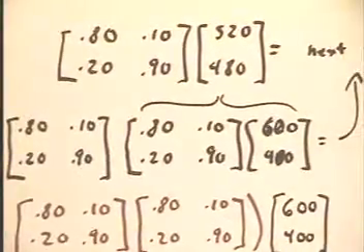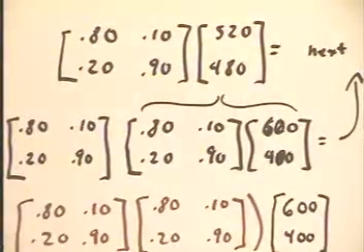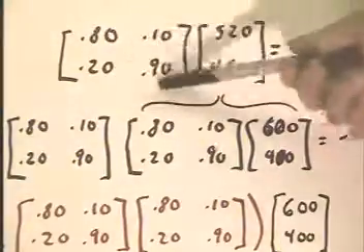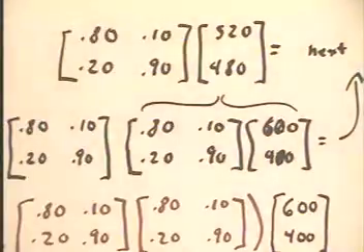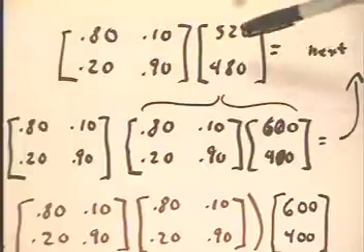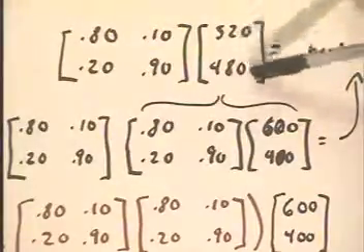Now it might seem like we're flipping around the numbers a little bit, but we're using the same transition matrix as before. Let me just check my numbers here. On the last part of this clip, on the last page, we ended up with 520 and 480.